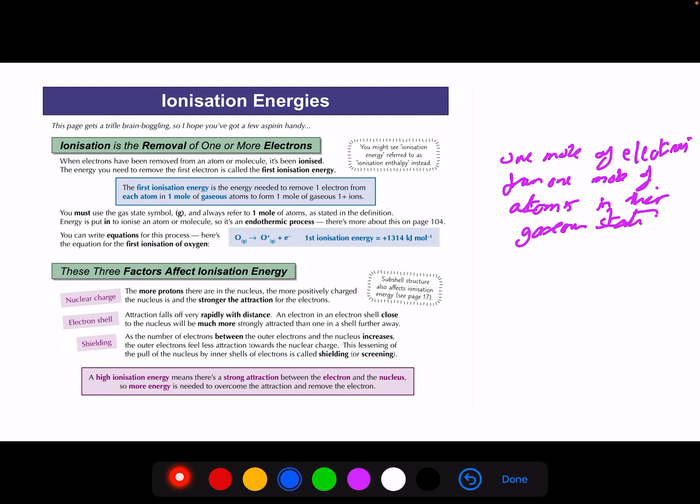Because when you're removing an electron from each atom in 1 mole, you're actually removing 1 mole of the electrons. So that's 1 mark, from 1 mole of the atoms is the 2nd mark, in the gaseous state is the 3rd mark. Make sure you avail all the 3 marks.